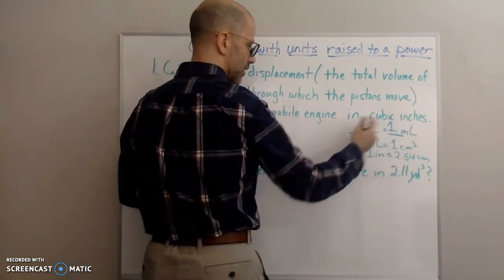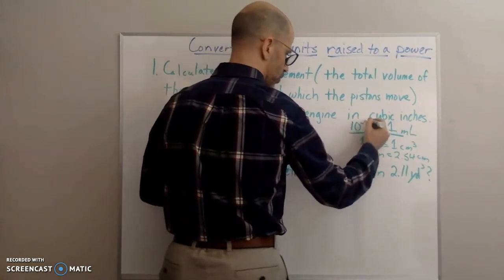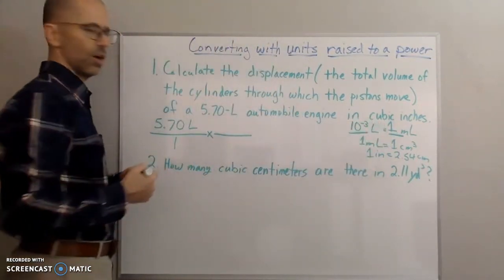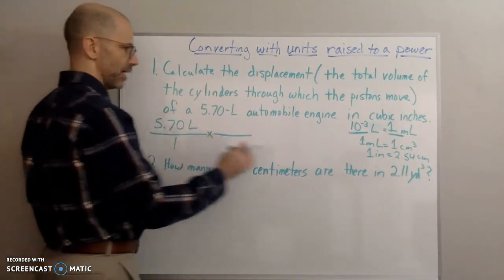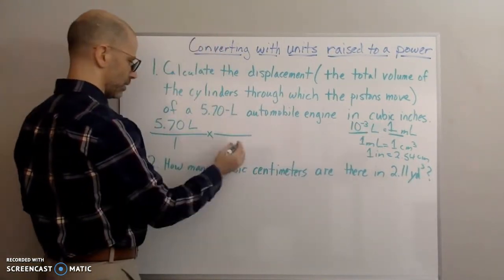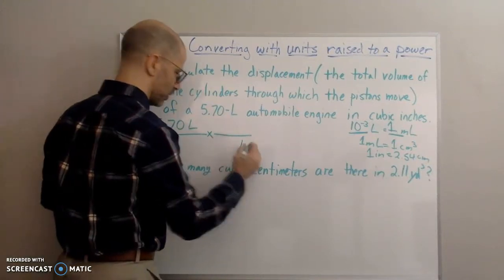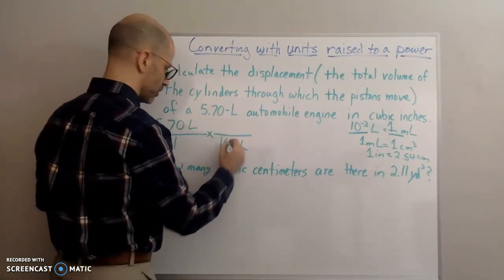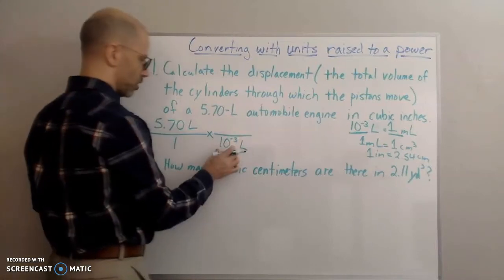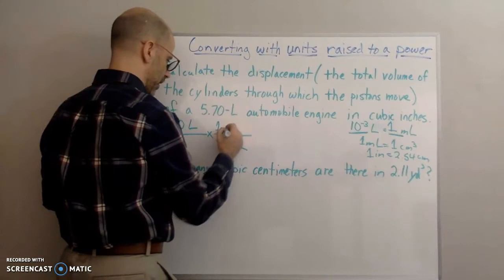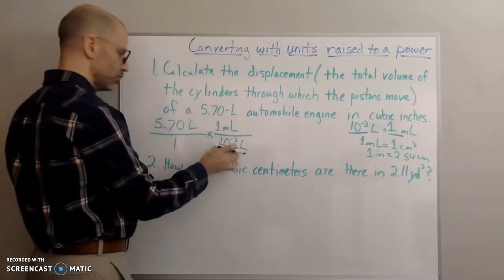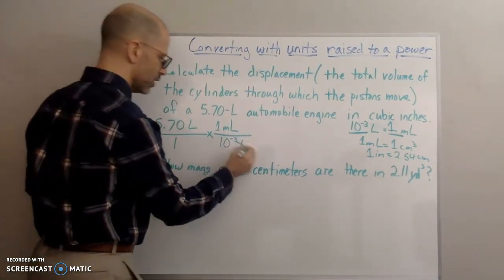So milli is 10 to the third, so I'm putting 10 to the third with liters. So now I have my equality, so I can use that. 10 to the third liters goes on the bottom because liters is on top. So I need to cancel out liters. So 10 to the negative 3 goes on the bottom. 1 milliliter goes on top. So that's my first conversion factor.